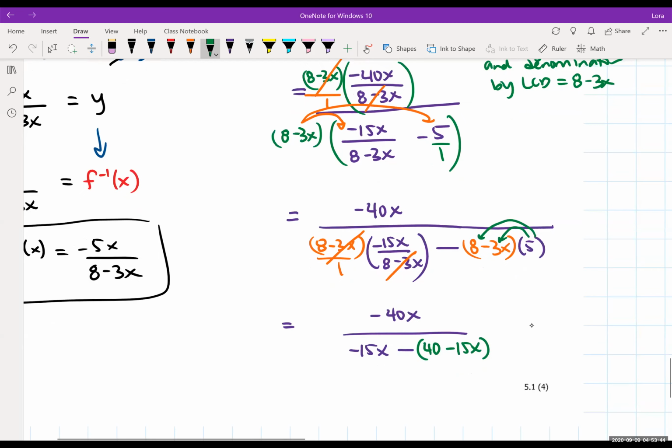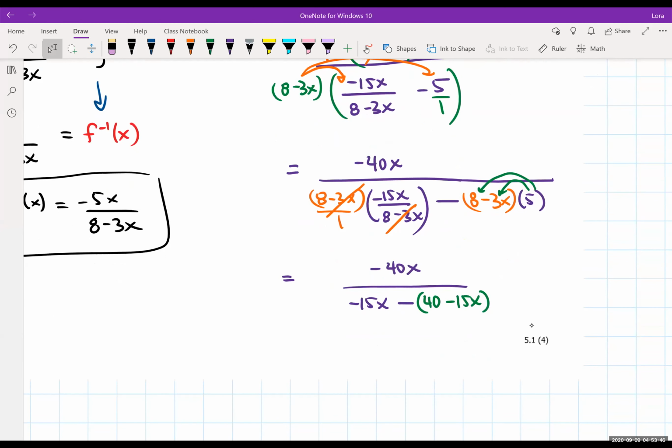So now we no longer have a complex fraction. We just have to simplify the denominator a little bit more. I still have negative 40x over 15x with a negative in front of it. And at this point, we are distributing the negative sign. So we have negative 40 and then plus a 15x.